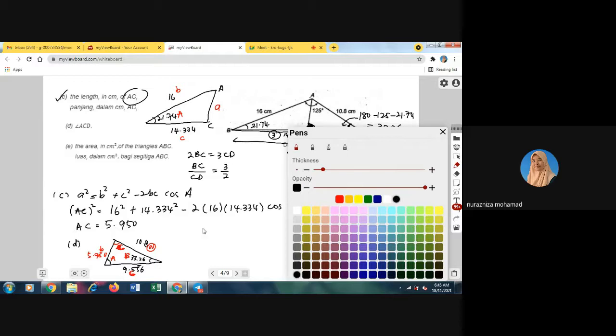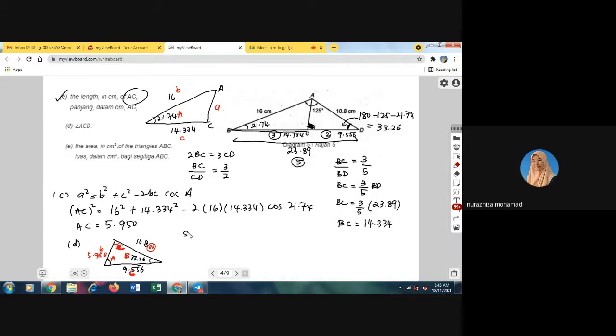The sine rule is sine A over a equals sine B over b. Sine of the angle we want to determine, ACD, over the opposite length 10.8 equals sine 33.26 over 5.950.